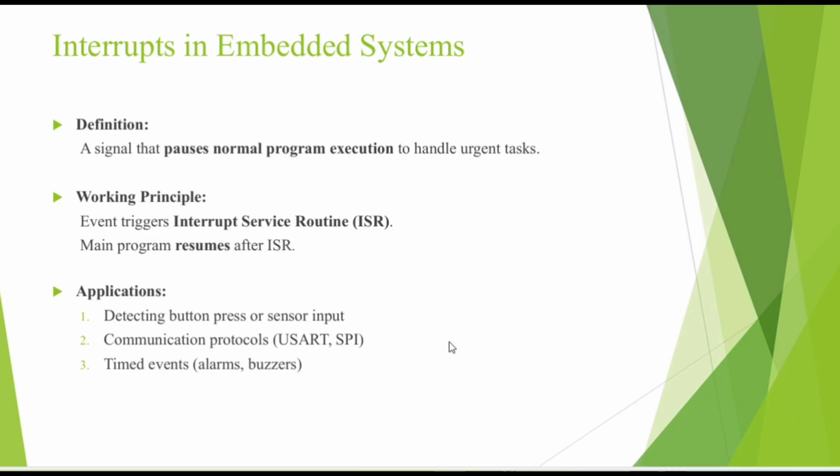There are two types of interrupt: hardware interrupt, which is an external event, and software interrupt, which is triggered by code. An interrupt service routine should be short, fast, and have no blocking calls. It is used in cases like responding to an external event quickly or a timer for a periodic task. This is all about interrupts.